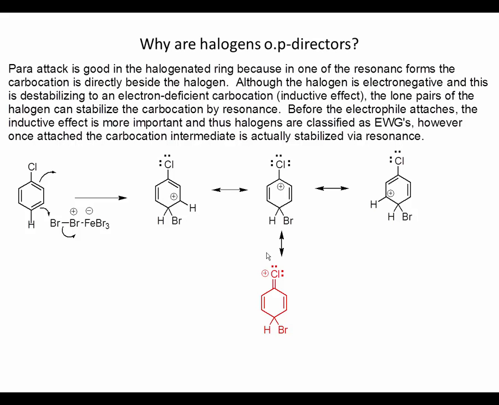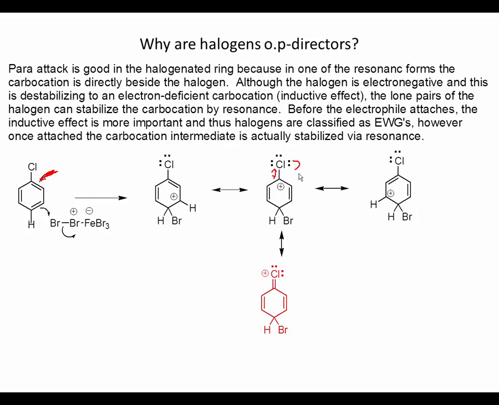Okay, what about halogens? Again, it seems like I've just copied this thing right here over and over. Sorry about that. When we attack the para position, we get the group right here. Normally, we would think that chlorine's electronegative, and thus it would not be a good idea to put the positive charge right beside the chlorine.